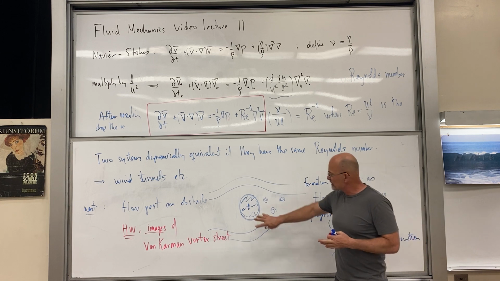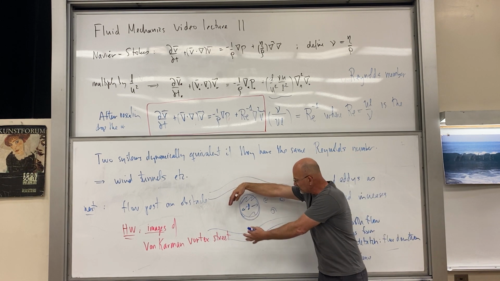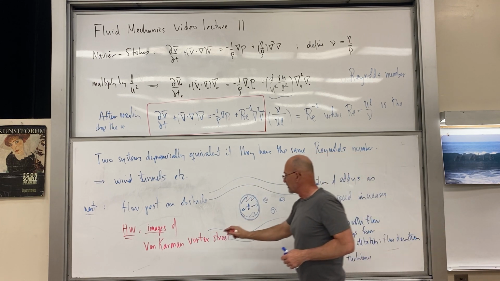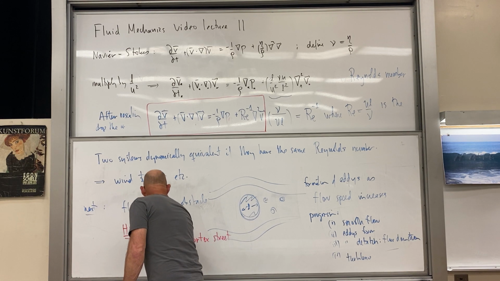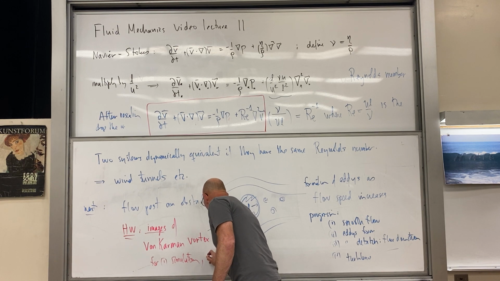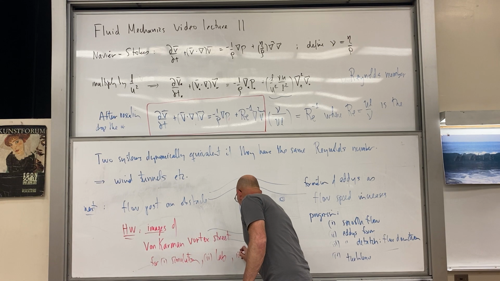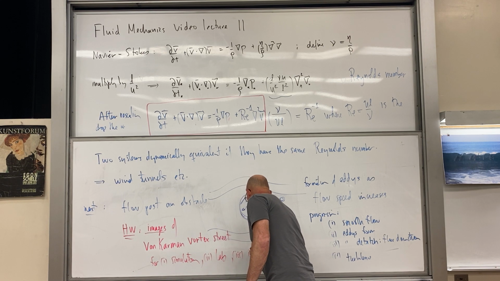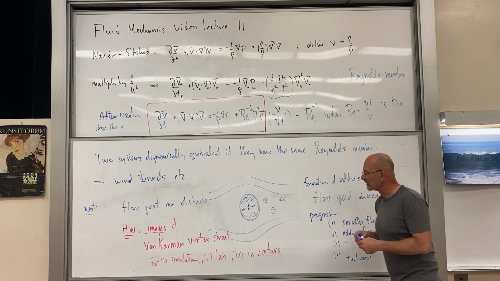For example, these things will form downstream of some island in the Pacific when there's a wind and clouds blowing by it. So for the von Karman vortex street, we want images from simulations, lab, and in nature. If you haven't seen them before, you'll be amazed.